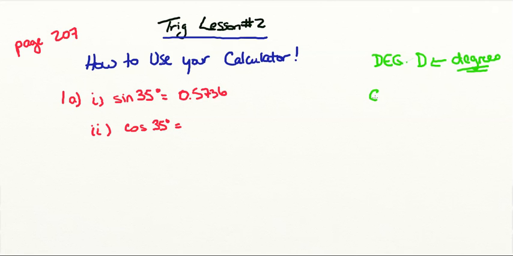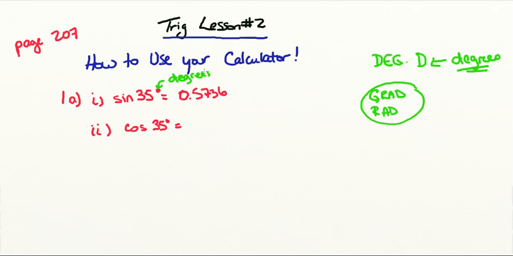If it says GRAD or G, it's gradians. RAD or R is radians. We don't want those. Those are other means to measure angles. Right now we're just using degrees. This little circle here means it's in degrees.